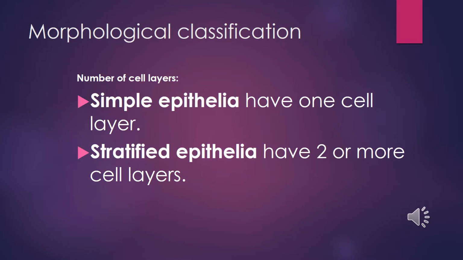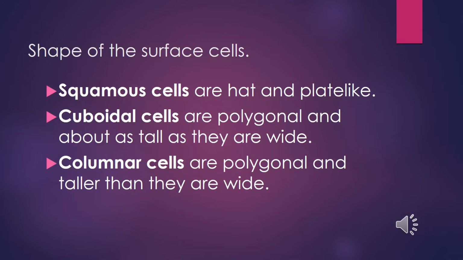In simple epithelium, just one layer of cells is present, which rests on the basal membrane. In stratified epithelium, two or more layers are present, and always the first layer rests on the basal membrane and is called the basal layer. Concerning the shape of cells in epithelium, cells are divided into three main types: squamous cells, cuboidal cells, and columnar cells.